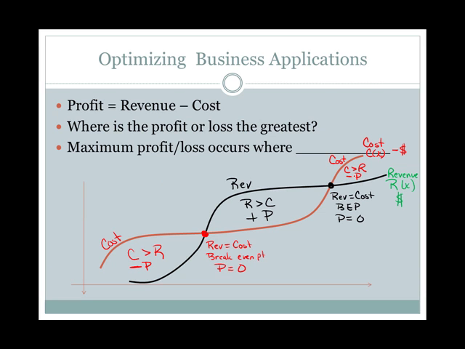Now there are good reasons why that might happen. This break-even point right here might represent the point where the company cannot build any more under their current conditions. For example, if I manufacture cars, my factory can only handle making so many cars, even if I run it 24 hours a day, 7 days a week.